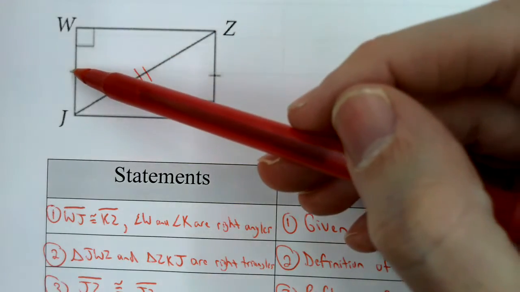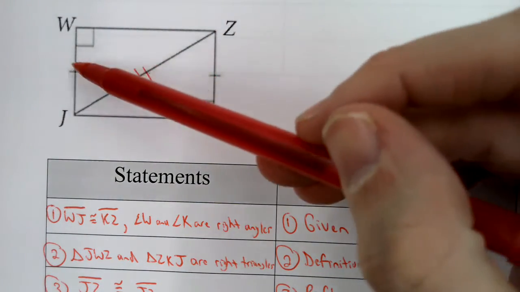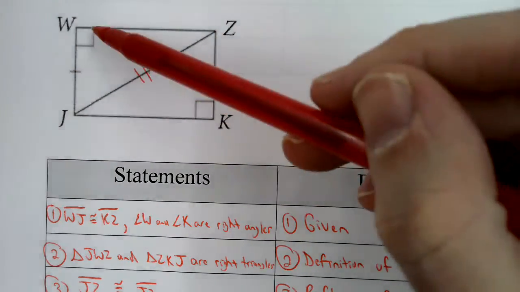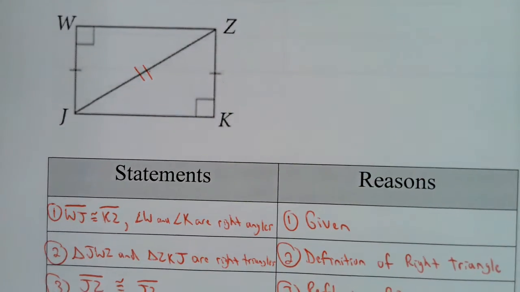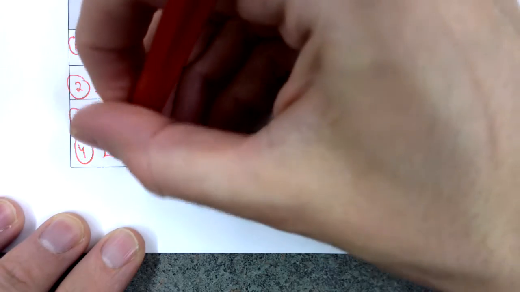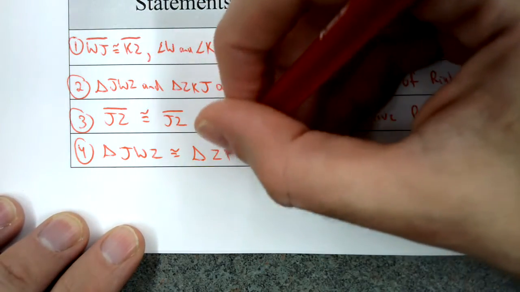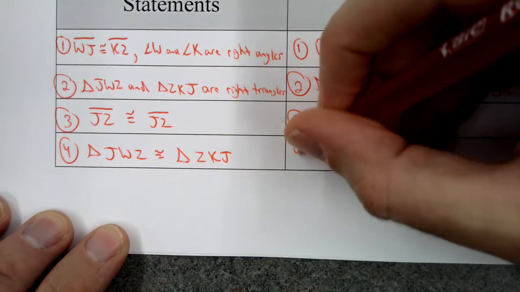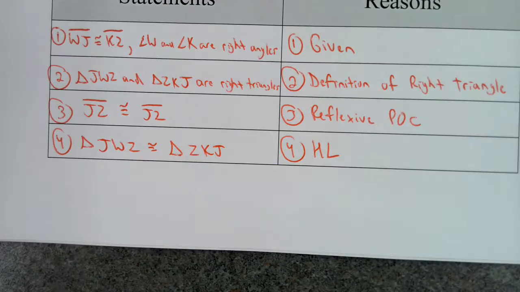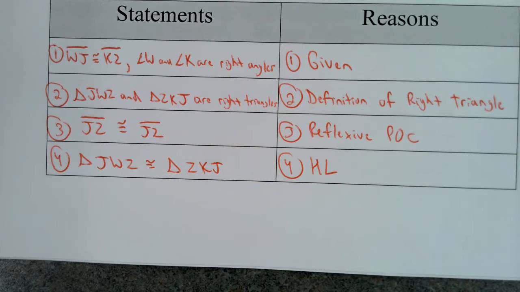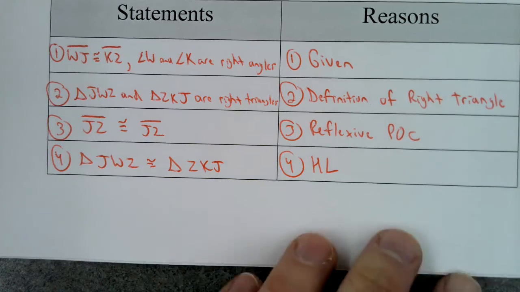Look, hypotenuse leg, and you already said we have the right triangles. So I'm going to say that triangle JWZ is congruent to triangle ZKJ by hypotenuse leg.